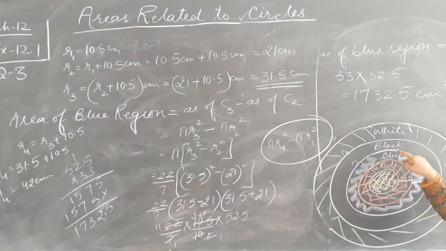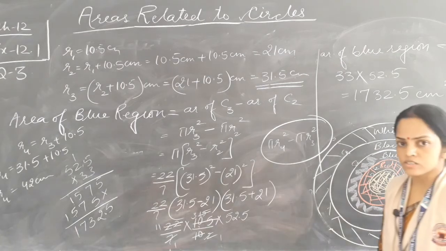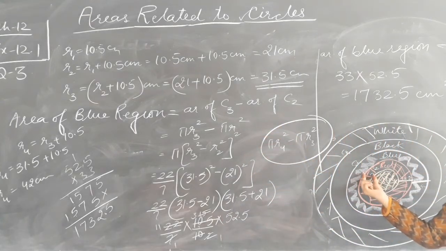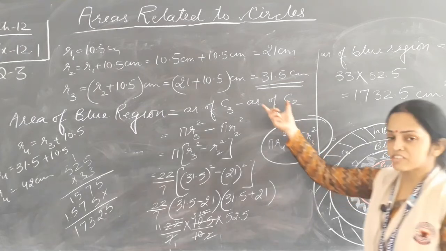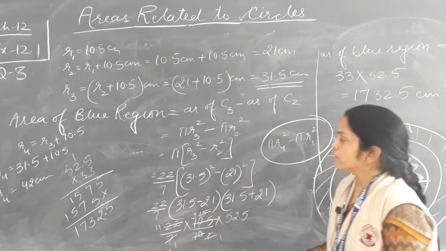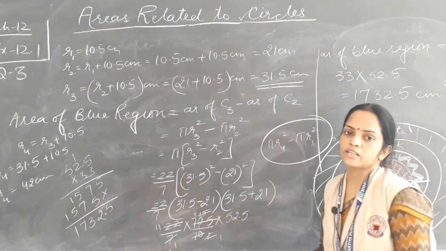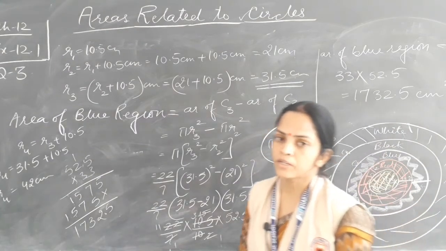So this area of black region and area of white region you will have to find yourself. Try yourself, because two I told you already. How to find out area of red region and how to find out area of blue region we have discussed in today's question. And area of black and white region you will find yourself in the same pattern. You have to follow the same pattern.